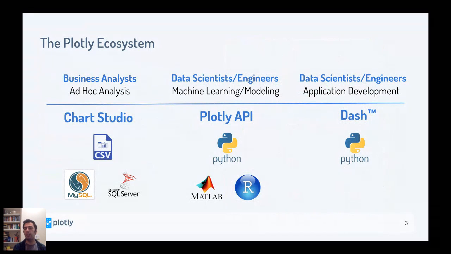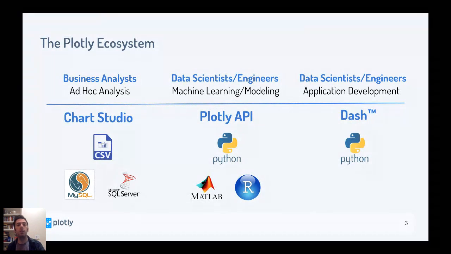Or you could use it as a data scientist using the Plotly API. So you could imagine this sort of use case being more in tune with the machine learning and modeling workflow. And you're able to use the API via Python, Matlab, or R. Today we'll be focusing on the Python API.